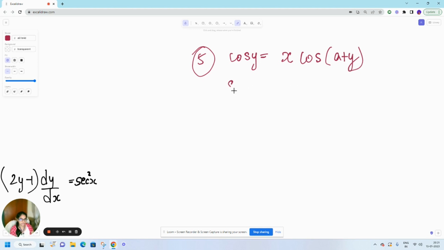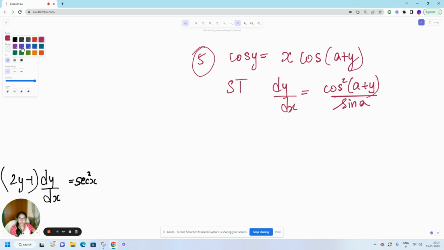They're asking us to show that dy/dx is equal to cos square of (a + y) divided by sin a. Let me differentiate the given question. Differentiation of cos is what? Minus sin y. Since we have a y here, I would have to write dy/dx.